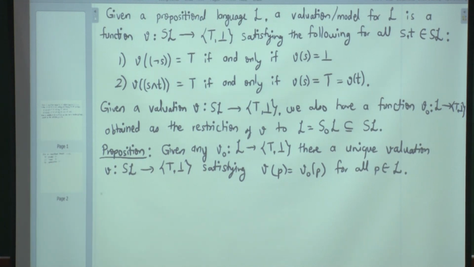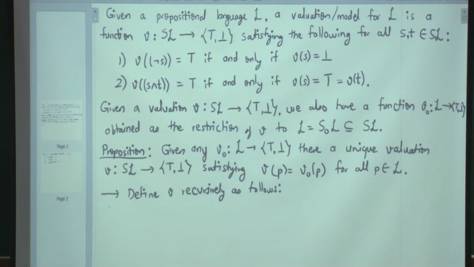And how should the proof go? If we want to define something, what should we do? What is the only way of defining functions? Recursion, very good. So define V recursively as follows.